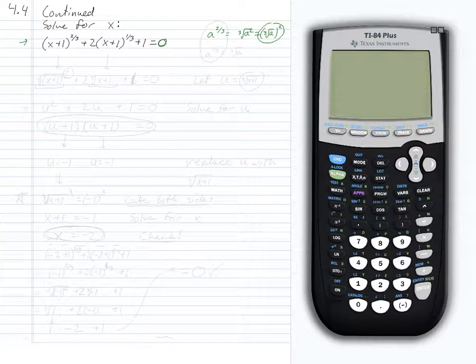So what are we actually dealing with? x plus 1 to the 2/3 is really just x plus 1 under the cube root, squared. Similarly, anything to the 1/3 power is just the same as the cube root. So I'll rewrite this expression as 2 times the cube root of x plus 1.